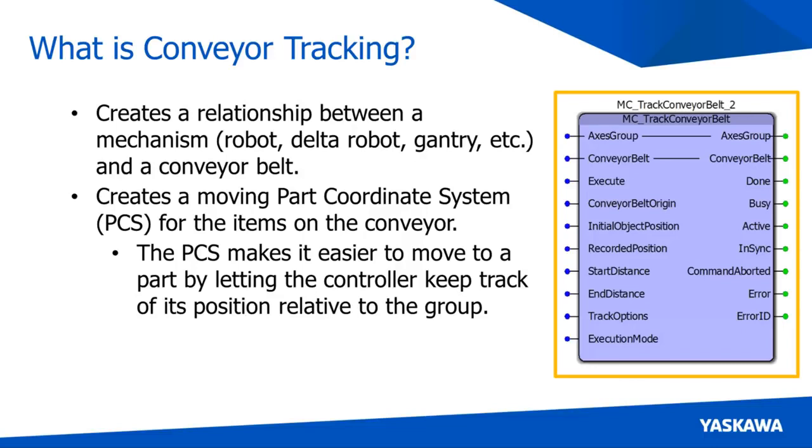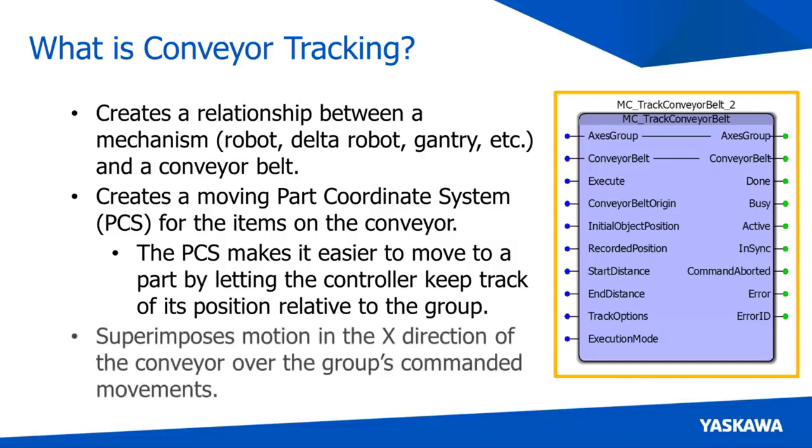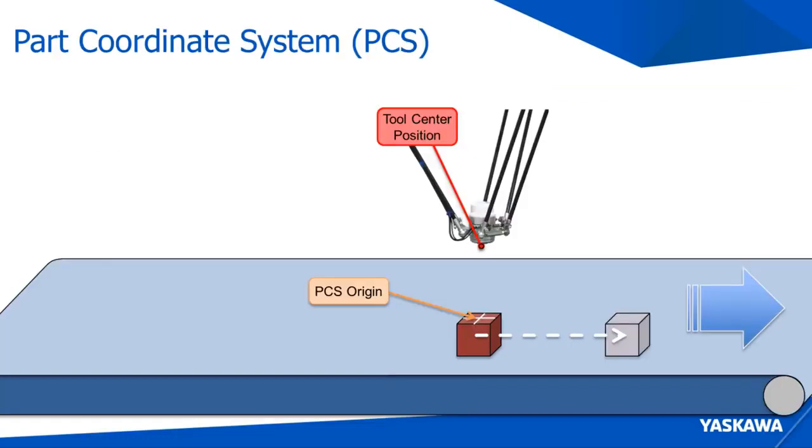Again, we're going to be talking about all of this stuff more in depth as we go. So the result is a superimposed motion in the X direction of the conveyor belt over whatever the mechanism's commanded movements already were.